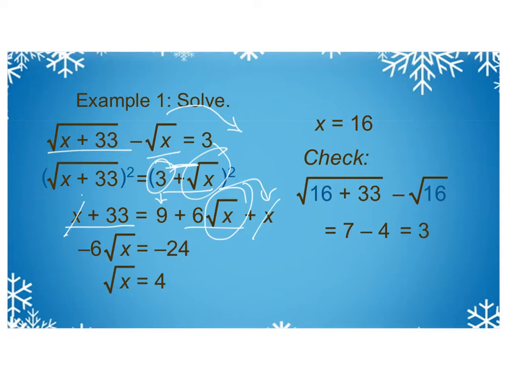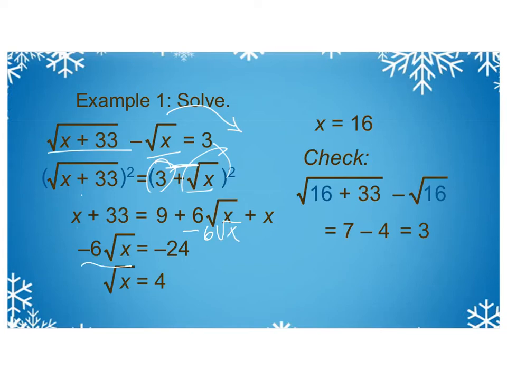Okay, so what does that look like? Let me erase some of this so I can make it a little more obvious what's going on. It looks like a big jump. So what I've done is I subtract the 6 root x to get it on the other side.